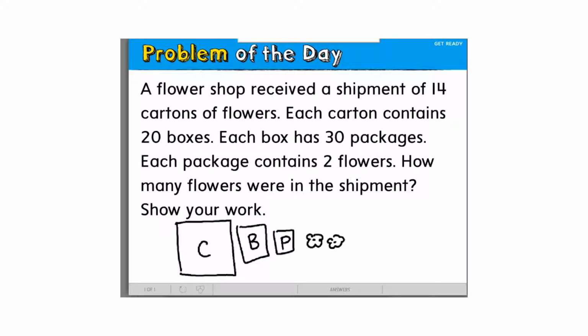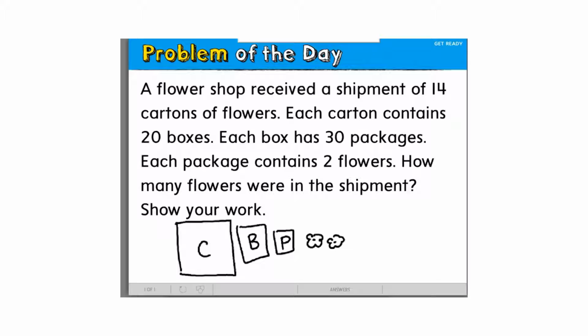Once you get that number, how many packages would be in 20 boxes, and then how many boxes are in 14 cartons? Because the question is how many flowers were in this shipment. So you have to think, it's kind of like working backwards. So if you don't have a whiteboard, make sure that you get one to work this problem out.